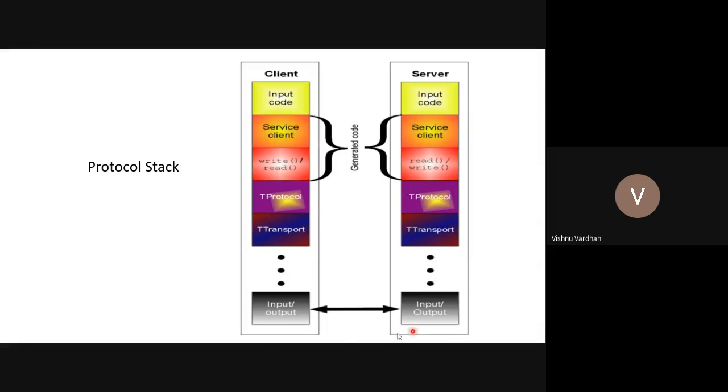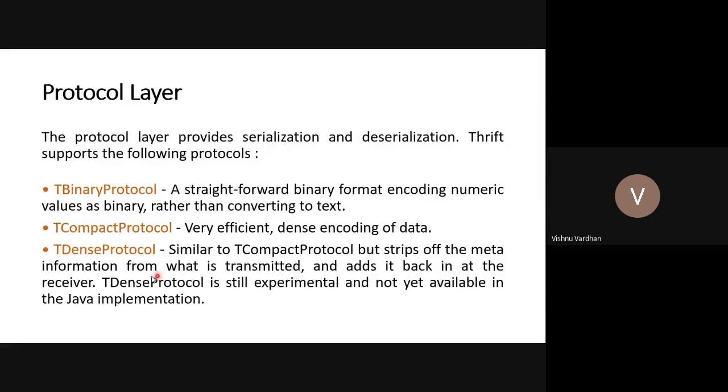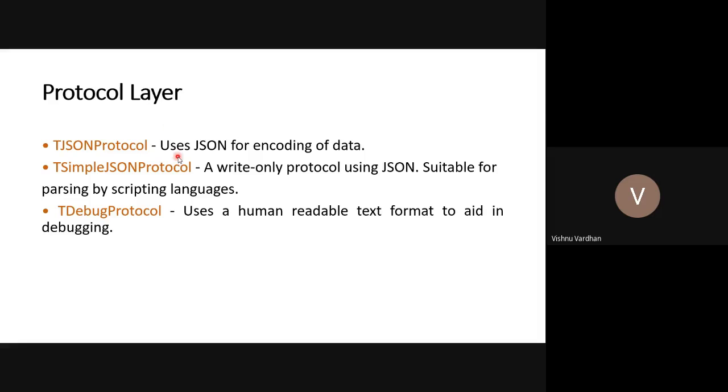It reaches the client, where the metadata information is looked at and the processing is applied accordingly, so as to provide it to the upper layer. It works like this on the client side. TDenseProtocol is still experimental and not yet available in the Java implementation. So it is not completely cross compatible across many languages; at the time of writing this protocol layer definition, it is in a somewhat experimental model.